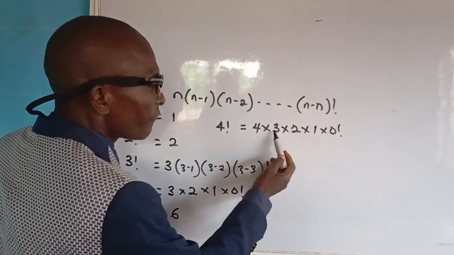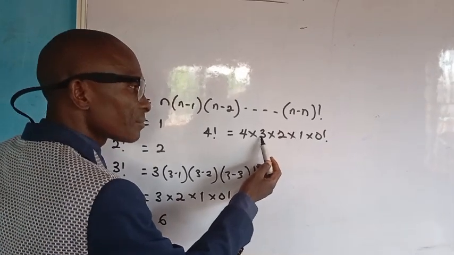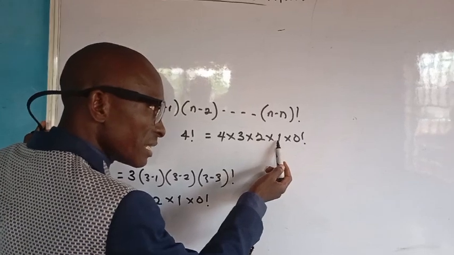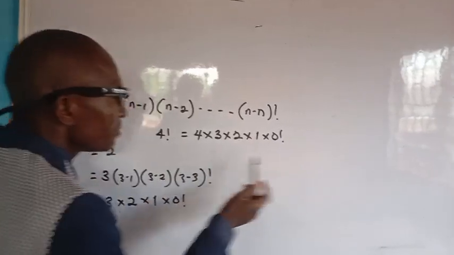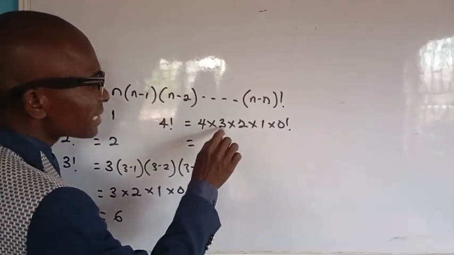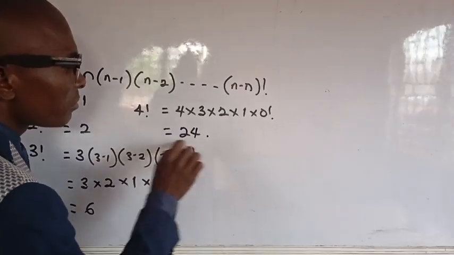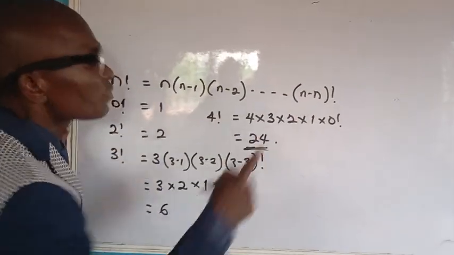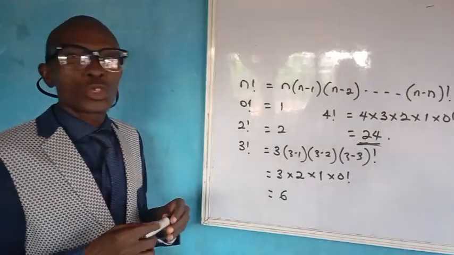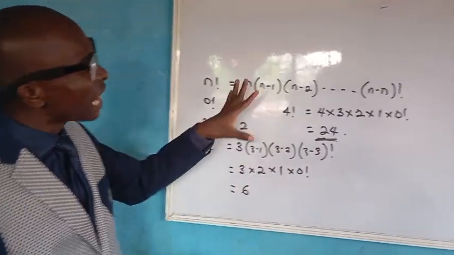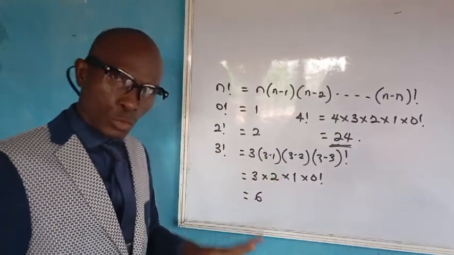Here is 4, 4 minus 1 is 3, 4 minus 2 is 2, 4 minus 3 is 1, 4 minus 4 is 0. Meaning 4 times 3 is 12, times 2 is 24. Everything becomes 24, so 4 factorial means 24. That is how you express a number in factorial.